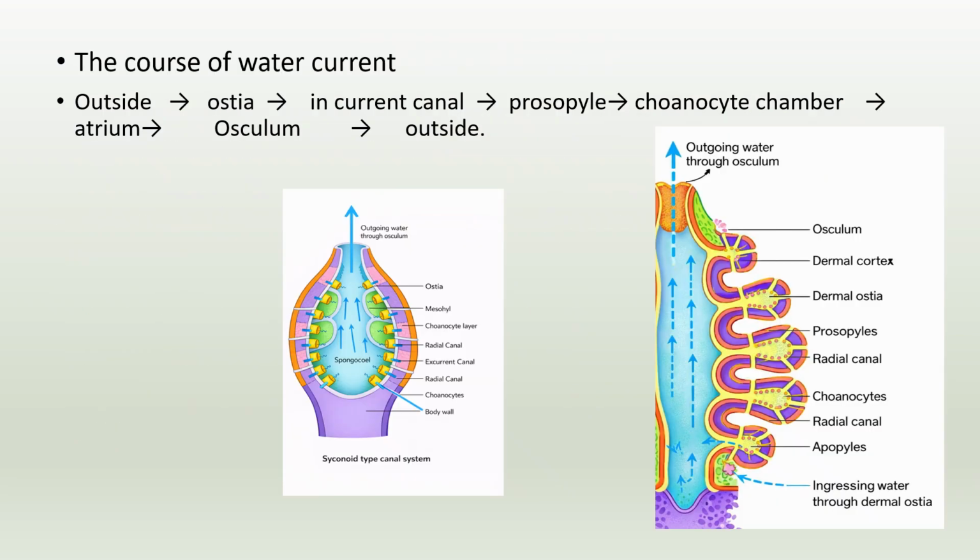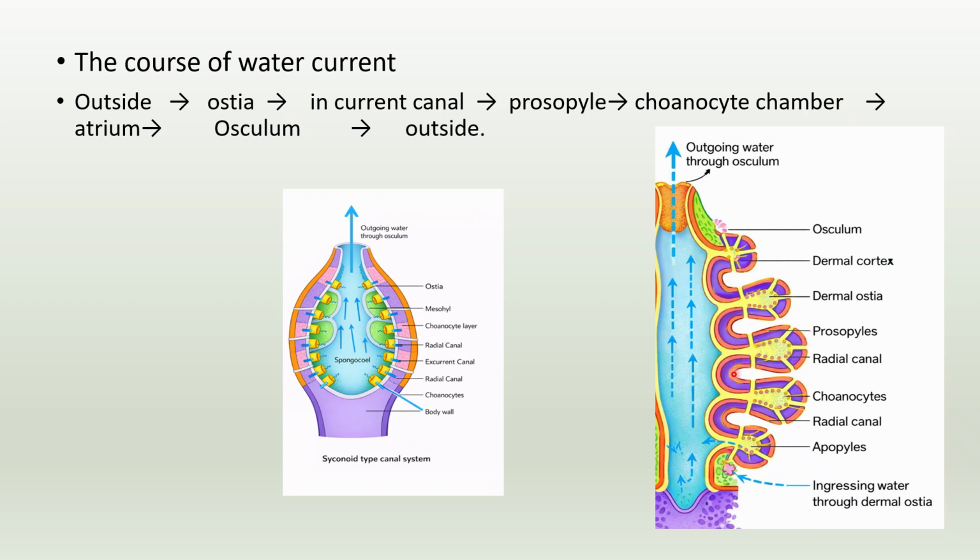So let's take a look at the cycon type of canal system. When we take a closer look, you can see the course of water current. The water entering through the dermal ostia reaches the incurrent canals, and from the incurrent canals through the prosopiles it enters the radial canal.